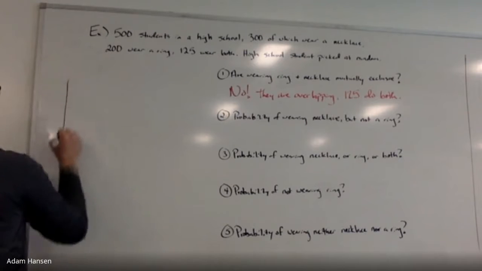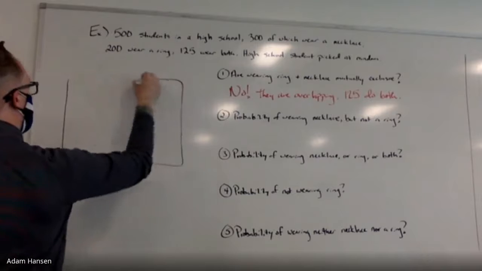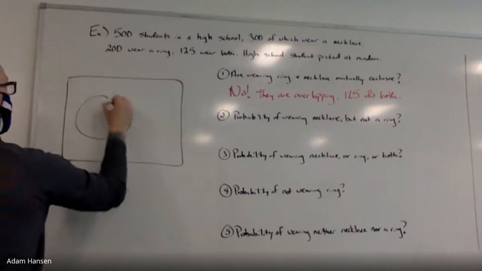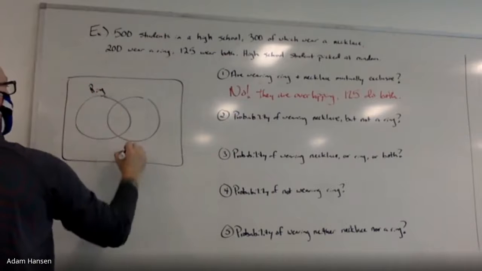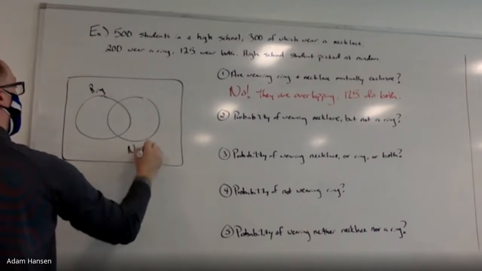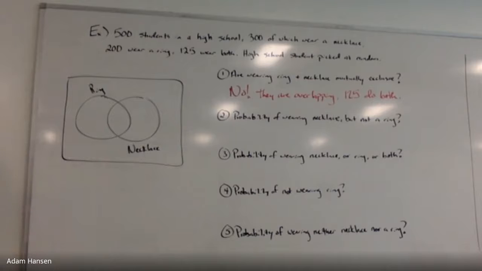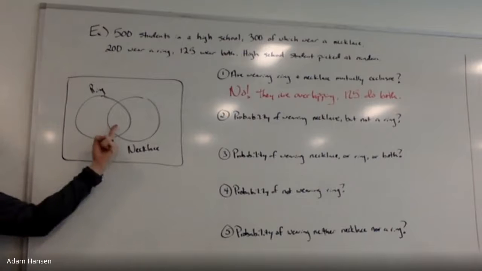So I'm going to draw a Venn diagram. I got a ring. I got a necklace. Here's the overlap. This part of the Venn diagram represents the students that do both, right? They wear a ring and a necklace. How many are there, Bethany, that do both?